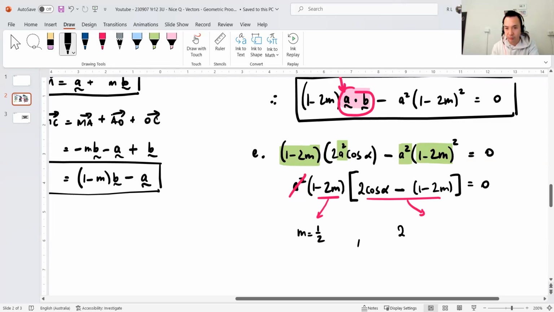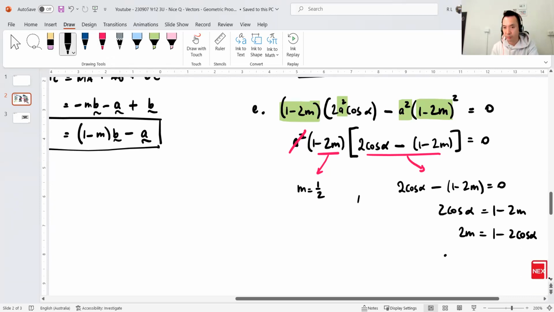And then what's this? 2 cos alpha minus 1 minus 2m equals 0. 2 cos alpha equals 1 minus 2m. 2m equals 1 minus 2 cos alpha. Therefore, m equals half minus cos alpha. Is that what I want? Half, perfect. Half, comma, half minus cos alpha.